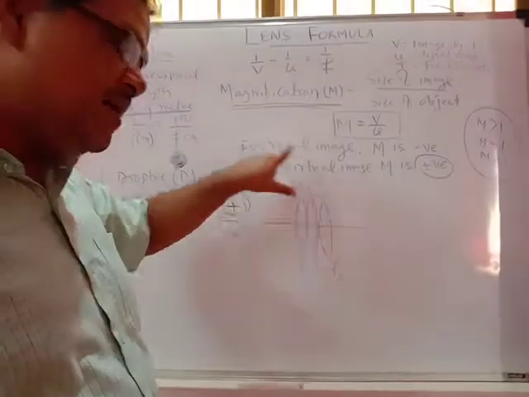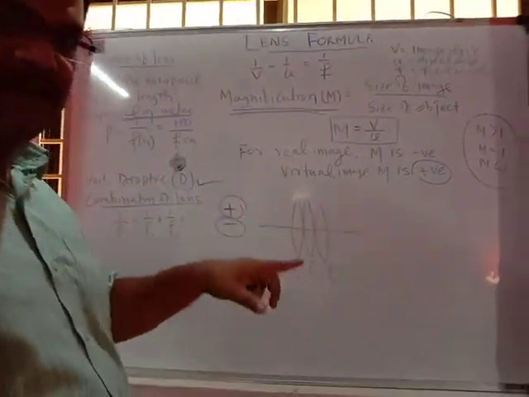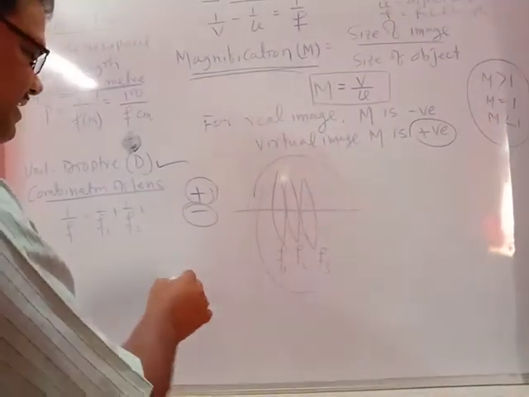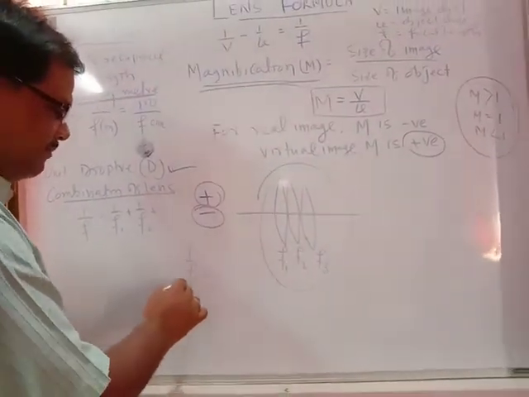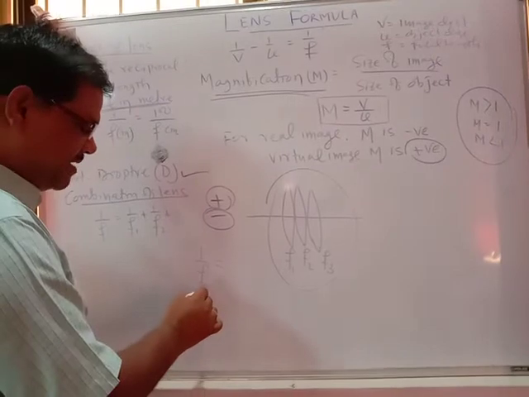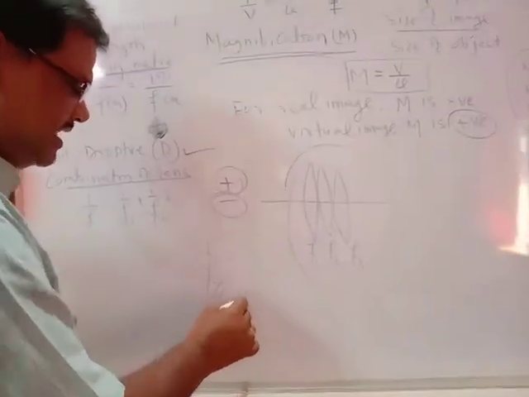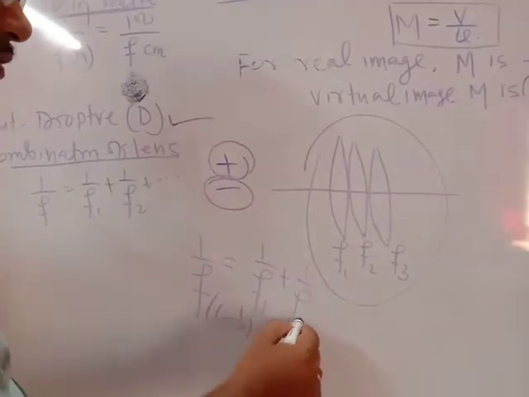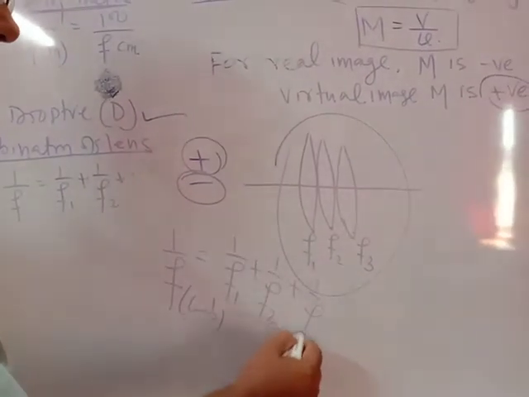Then the whole combination will be acting as a lens, and the power of combination will be 1 by f, that is equal to 1 by f1 plus 1 by f2 plus 1 by f3.